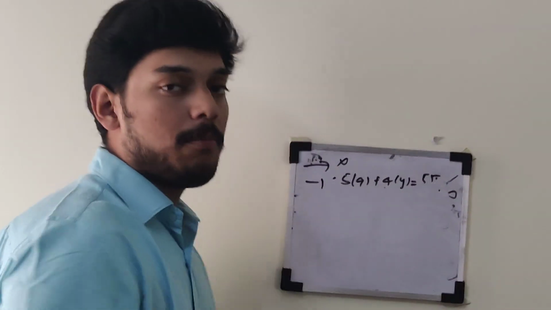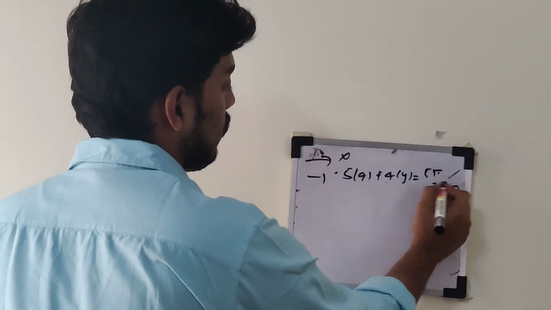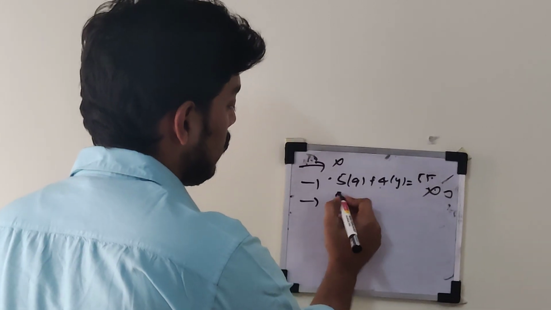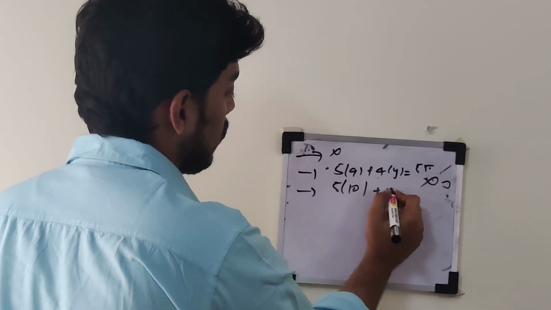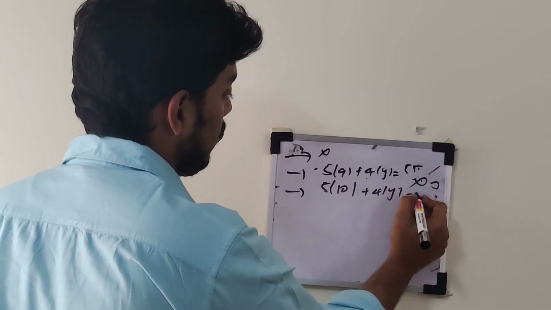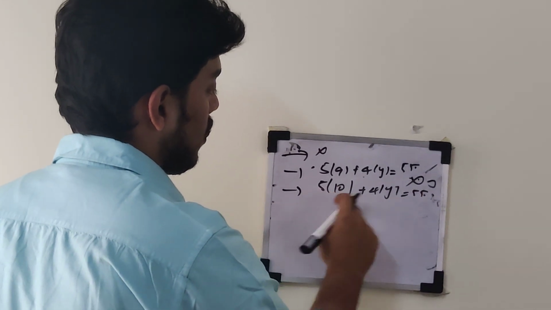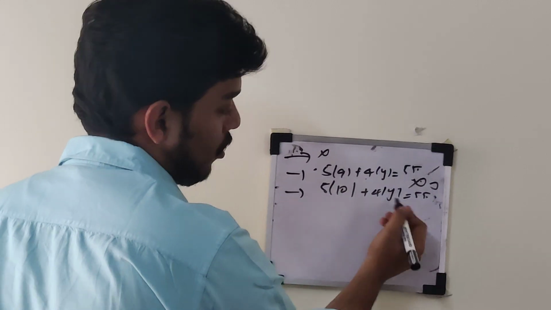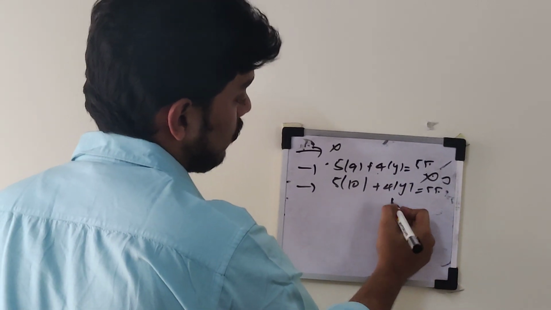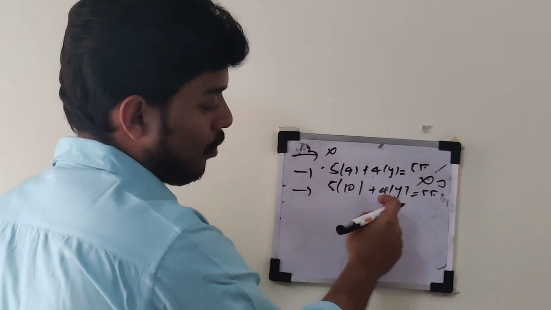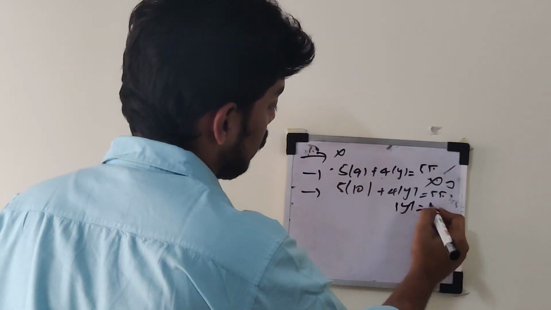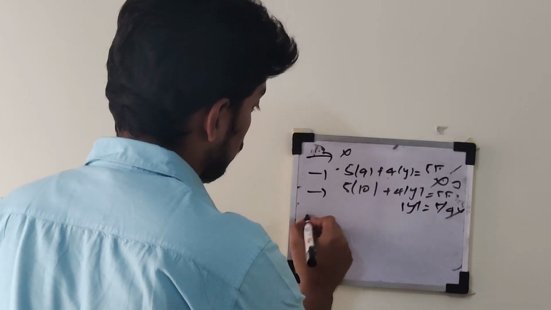And again mod y is not an integer, so this case will also be ruled out. And the last one is 5 into 10 plus 4 mod y is equals to 55. Here also y is not an integer because 5 is not divisible by 4. Mod y is equals to 5 by 4, which is not an integer.